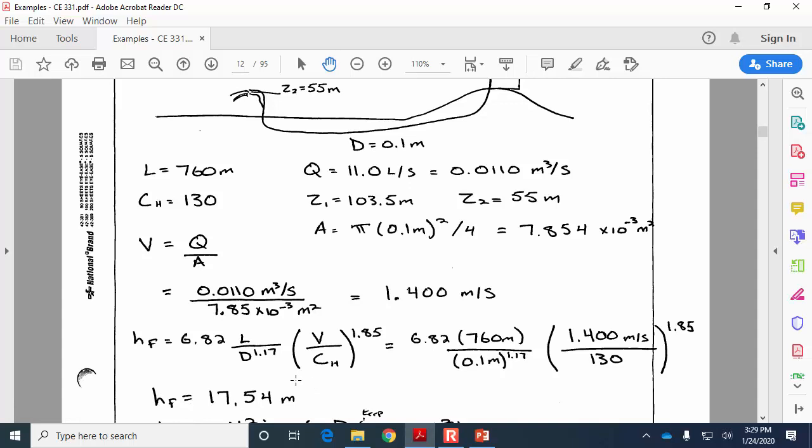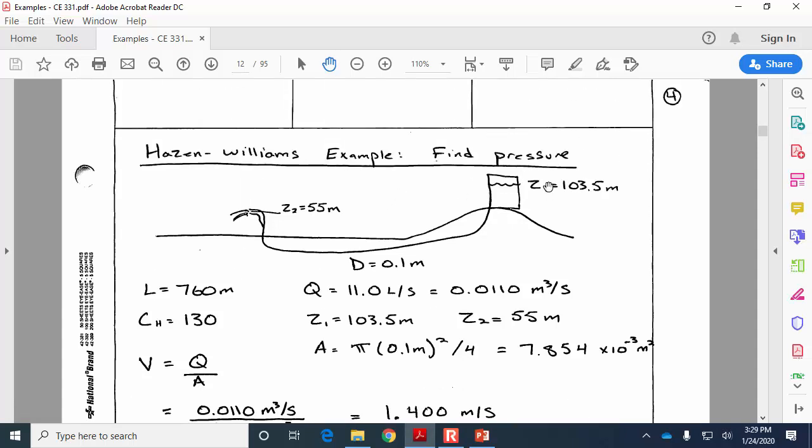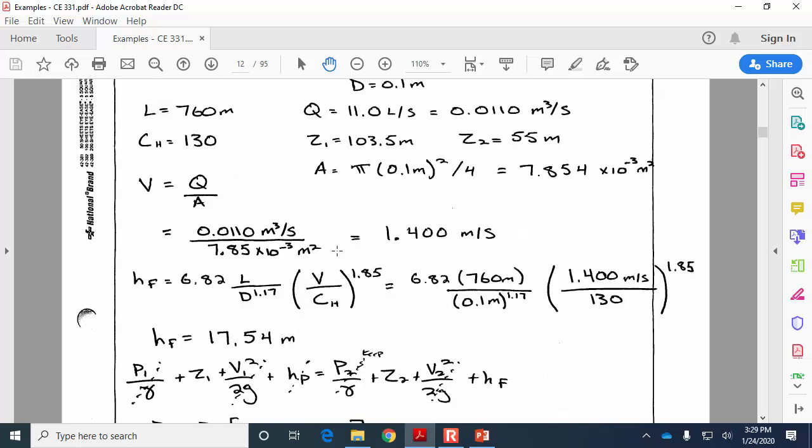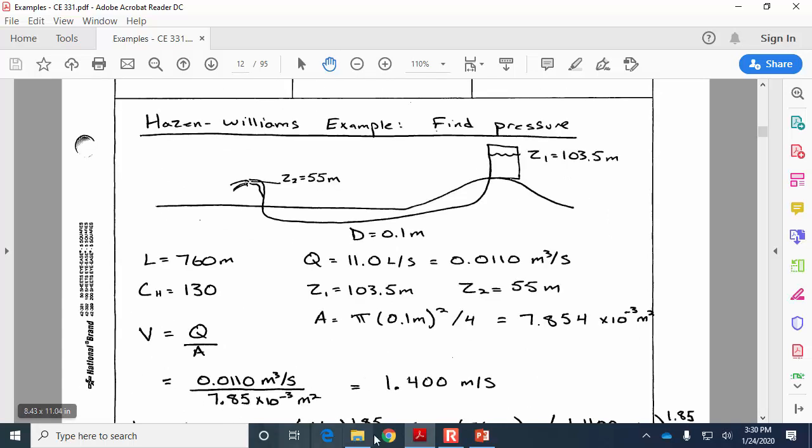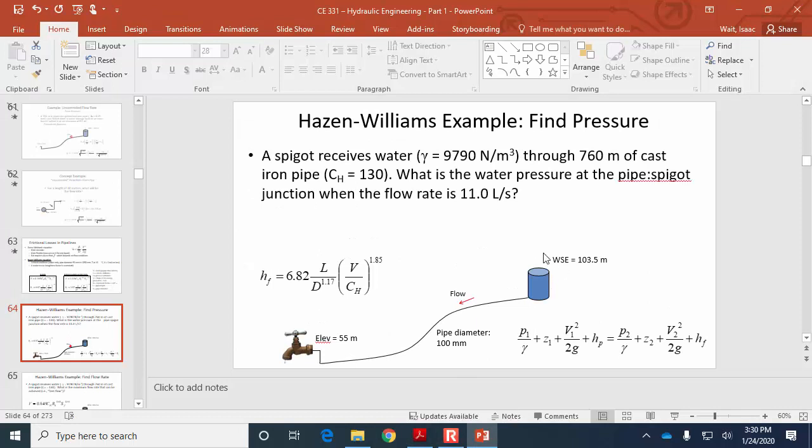So now what we do is we take that H sub F and put it into the energy equation, because we know everything. In order to find P2, we know everything except for the head loss in the energy equation. So here's the energy equation. You can see that we cancel out P1 because we're talking about a reservoir that's open to the atmosphere.